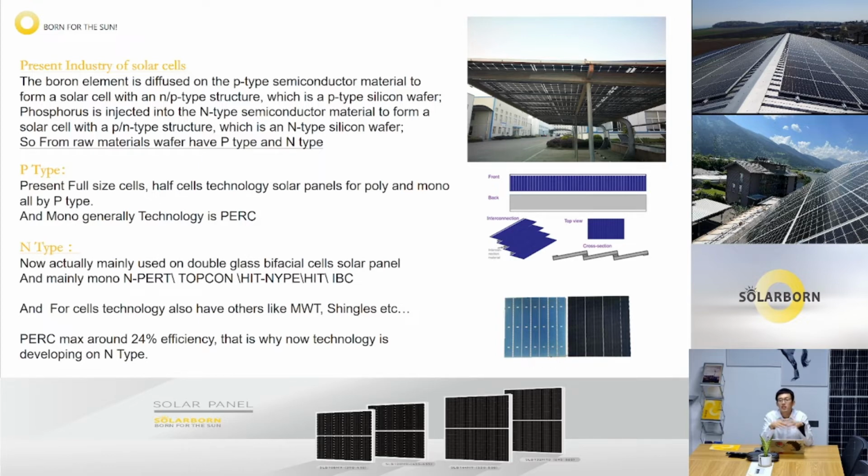And for solar cell technology, there are also others, like the MWT and the shingles and the others. At present, PERC max efficiency is around 24%. That's why the new technology is being developed on the N-type, because the N-type still has much more efficiency improvement for the future.